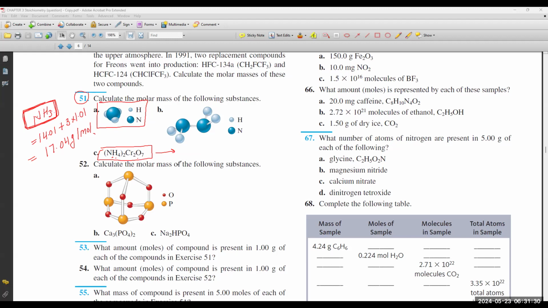In ionic compounds, we don't use di-tri-tetra. It's ammonium dichromate. Do you have the polyatomic ion list? So can you see there? Where is the dichromate?